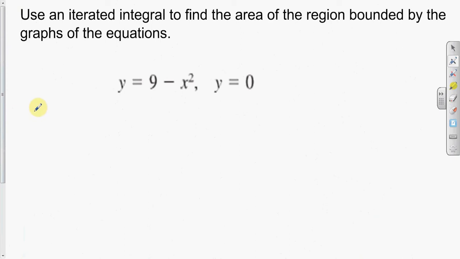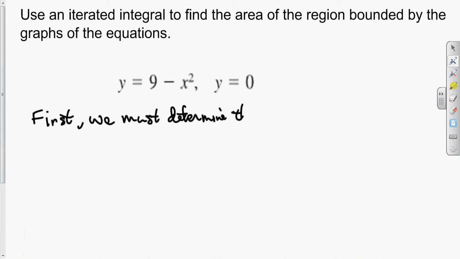So here, first, you must determine the region. Well, to do that, we need to look at the graph.